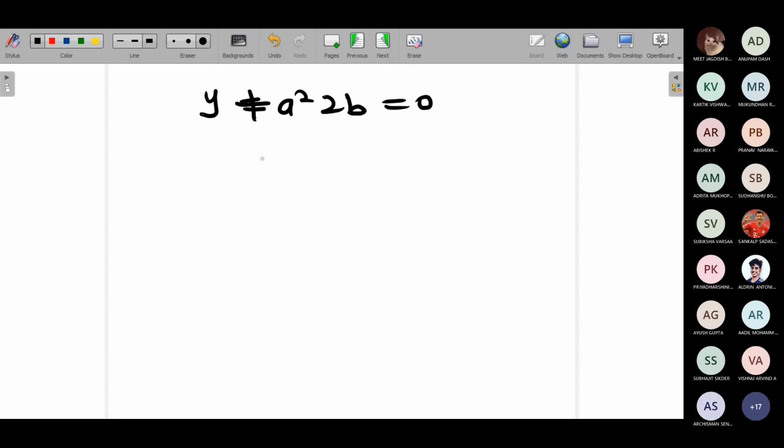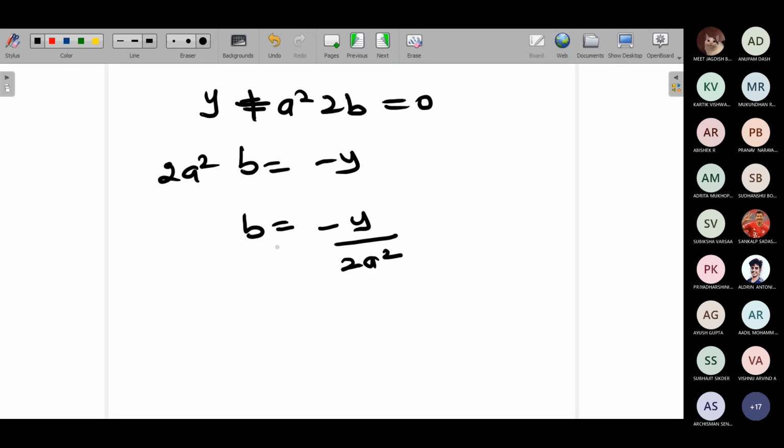Okay, from this, what will be the value of b? 2a square b is equal to minus y. What will be the value of b? b will be equal to minus y by 2a square.